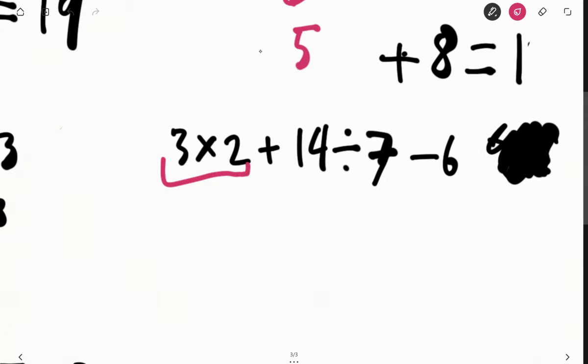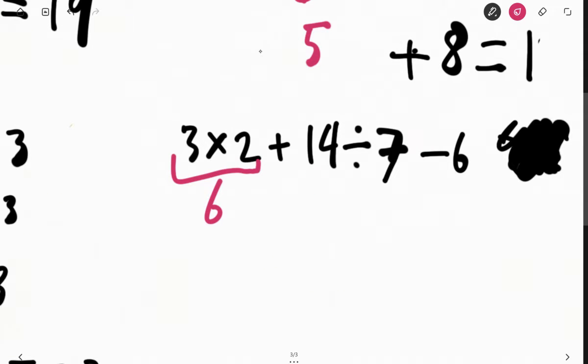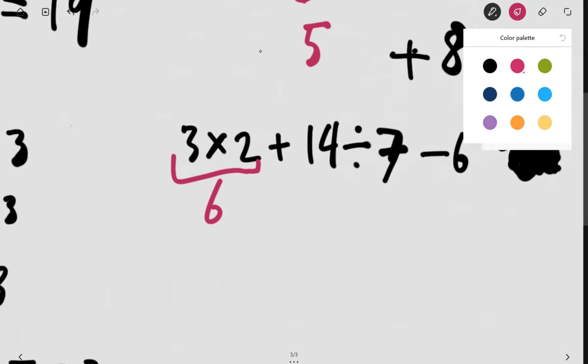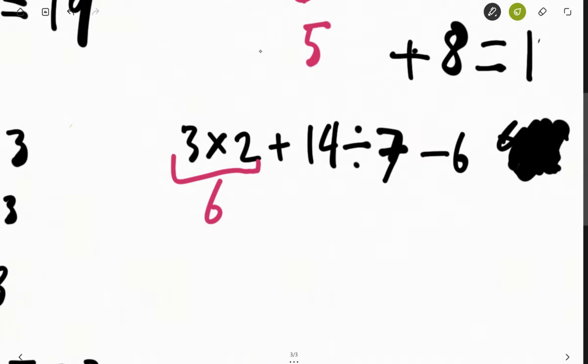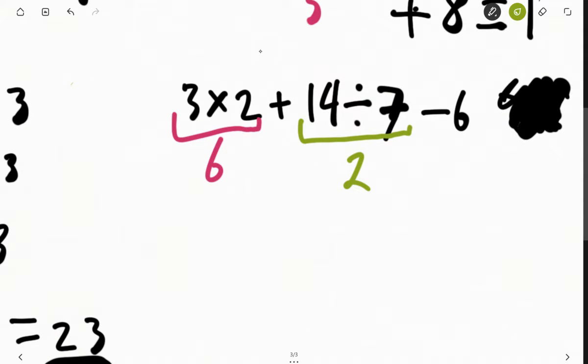3 times 2 becomes 6. Now, this is an addition problem, and I can't really do it yet because it's bound up in the 6. So I'm going to move on to this one. 14 divided by 7 becomes 2. And so now we need to rewrite this whole problem a step down.